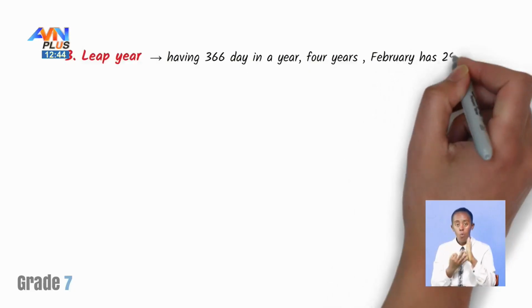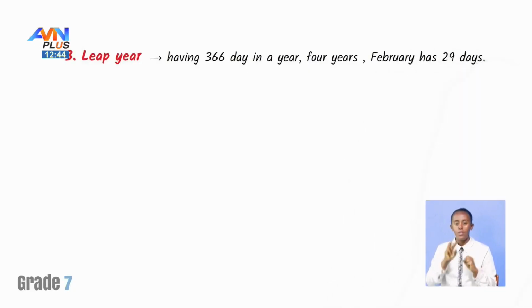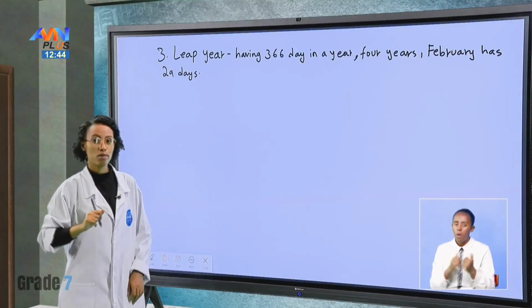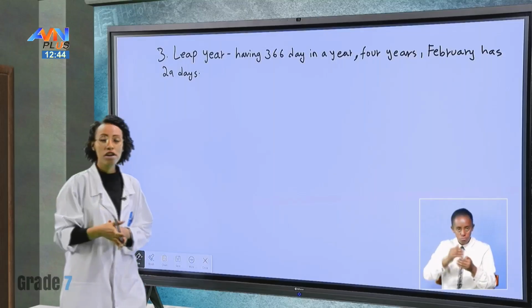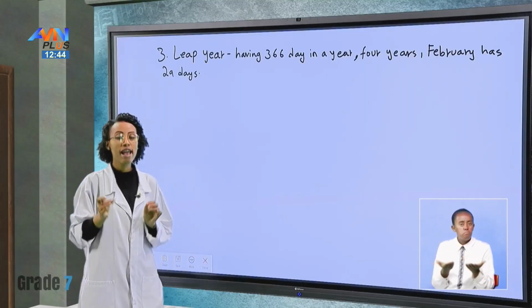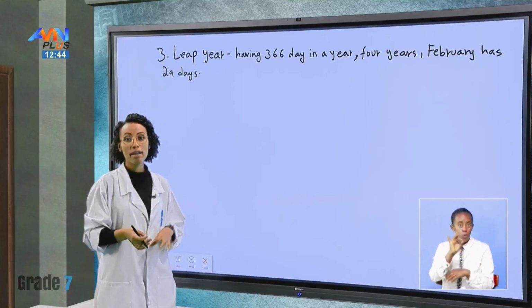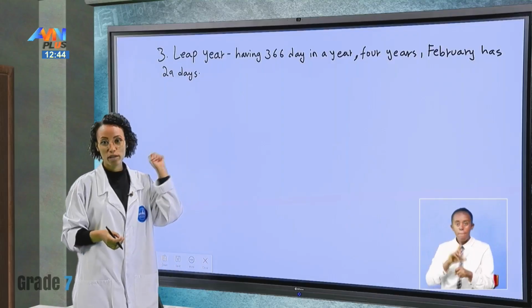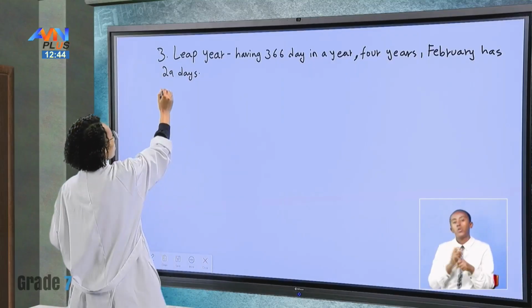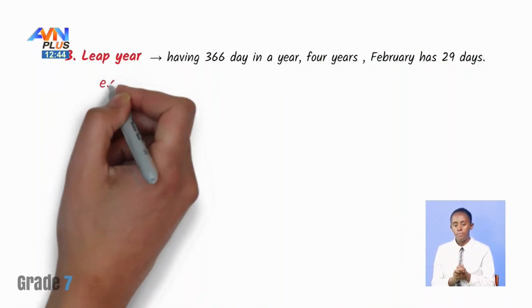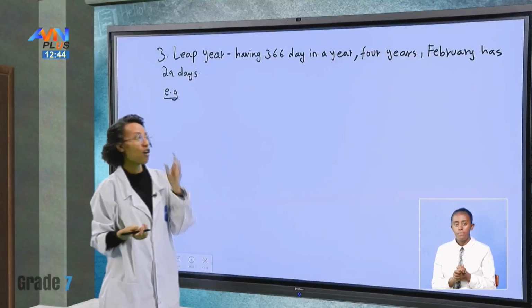So here, February has 29 days. That is how the calendar works with February. So February, no matter what, is a 28-day month. But at the leap year, it becomes 29. For example, and this is what we call in our calendar.